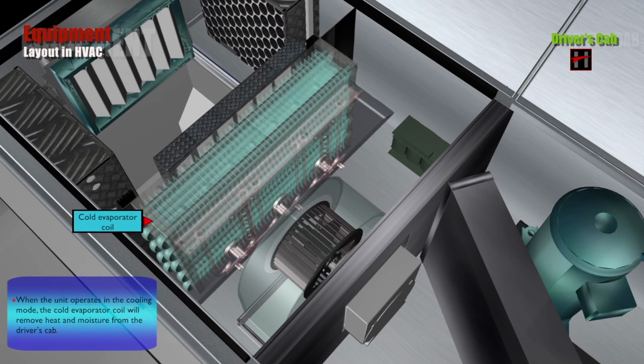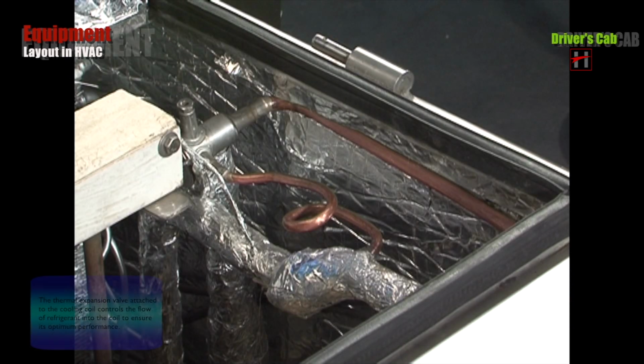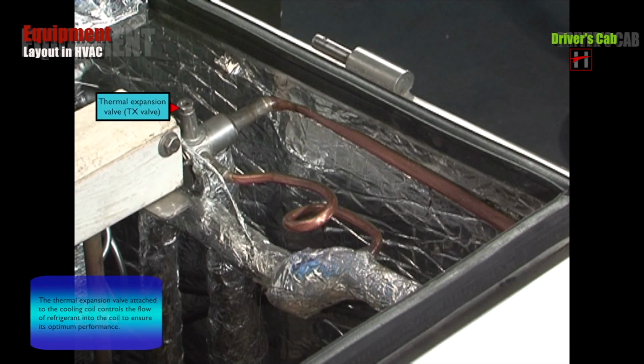When the unit operates in cooling mode, the cold evaporator coil will remove heat and moisture from the driver's cab. The thermal expansion valve attached to the cooling coil controls the flow of the refrigerant into the coil to ensure its optimum performance.